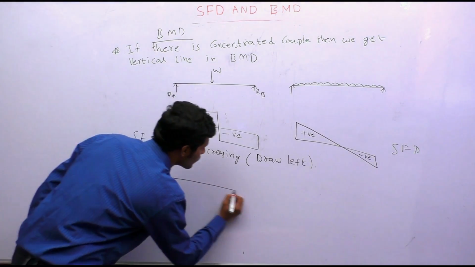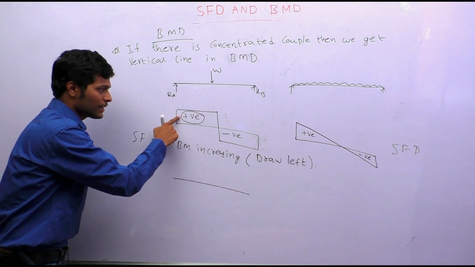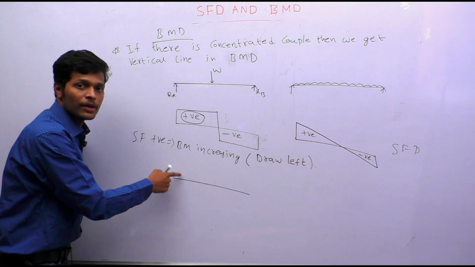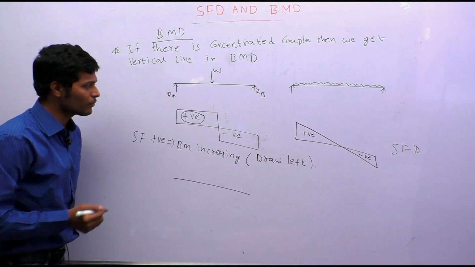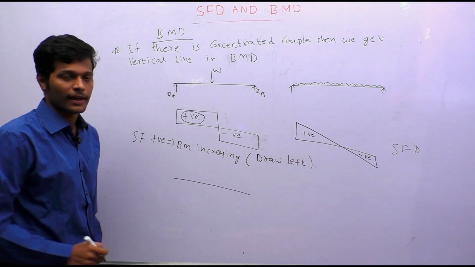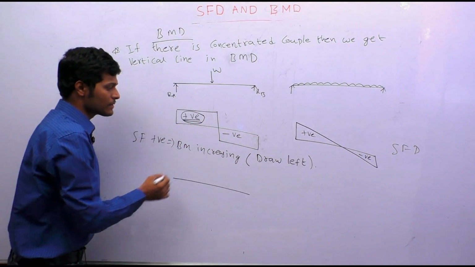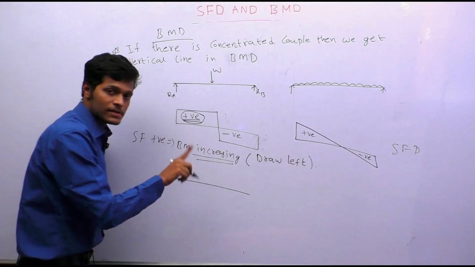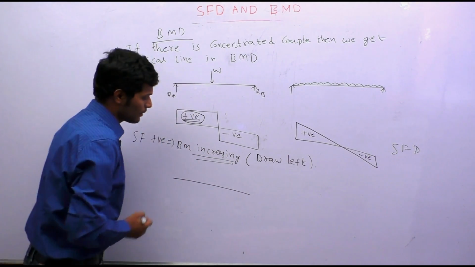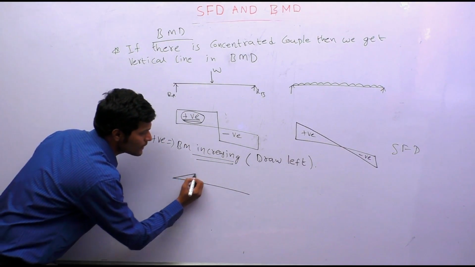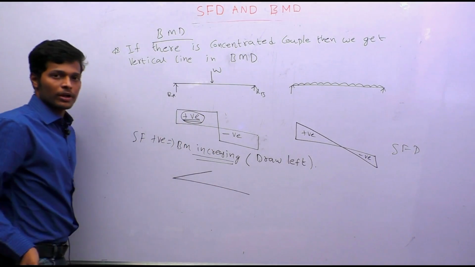Now, as there is a rectangle here, in bending moment we will have a triangle. How to draw the triangle: when the shear force is positive, the bending moment is increasing and it is a triangle, so it is an increasing triangle till this point.